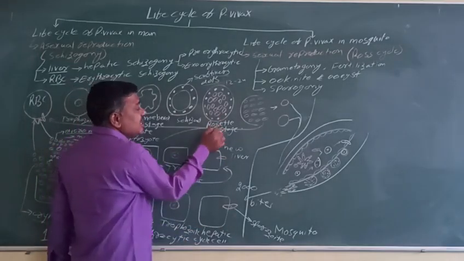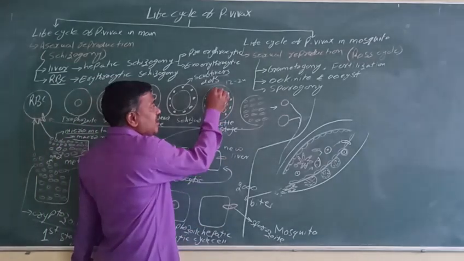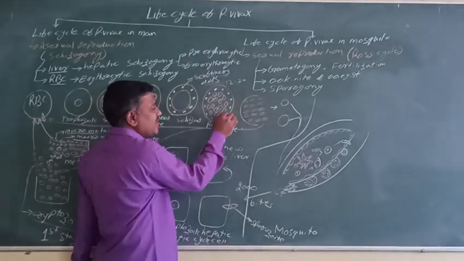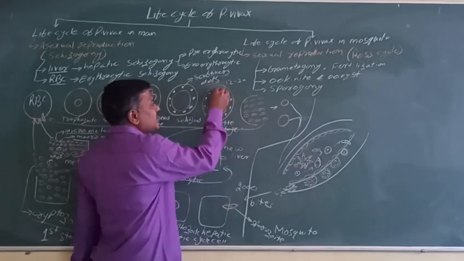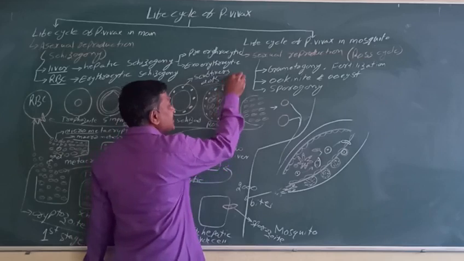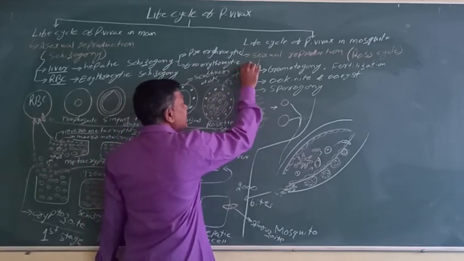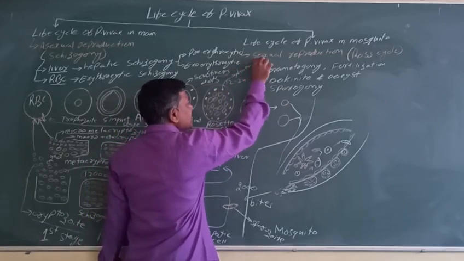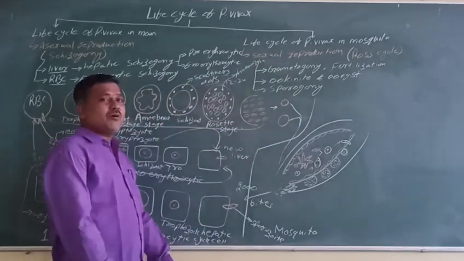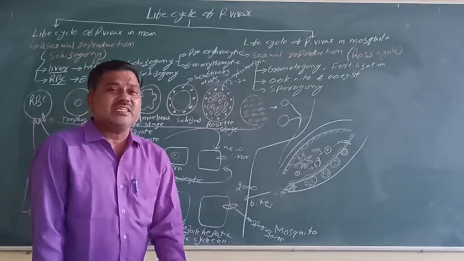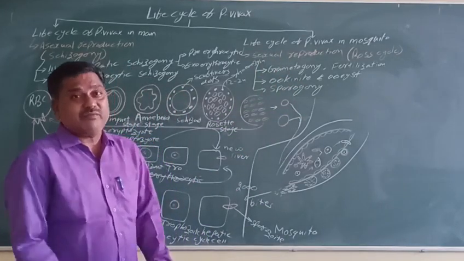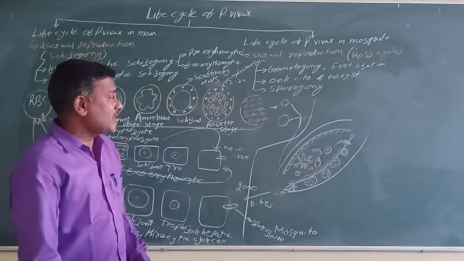In this, new cells are formed and there is presence of Schuffner's dots, and this is acting as hemozoin. You already know about this hemozoin. It is the chemical released when there is bursting of the RBC.